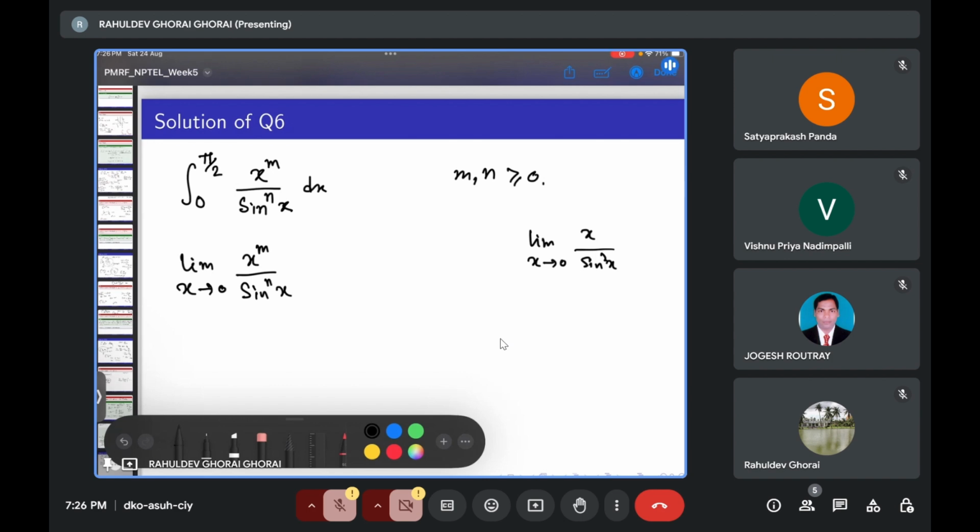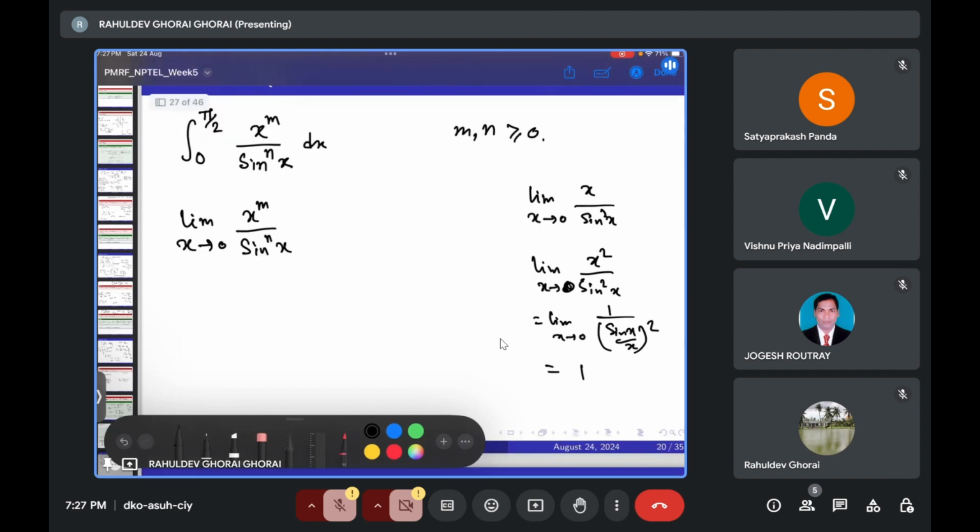But for x square over sine square x, the limit as x tends to 0 is the limit of (1 by (sine x over x)) whole square, and that will be 1. So x to the power m over sine to the power n x in general does not have to exist.